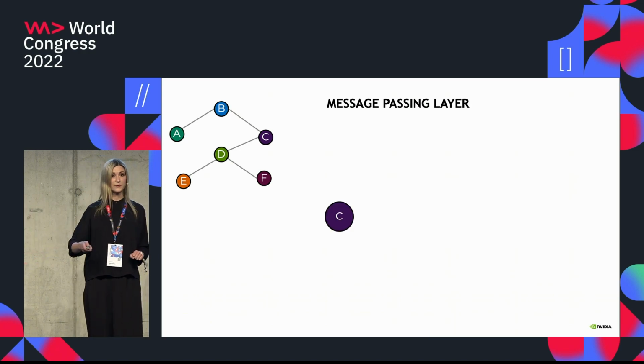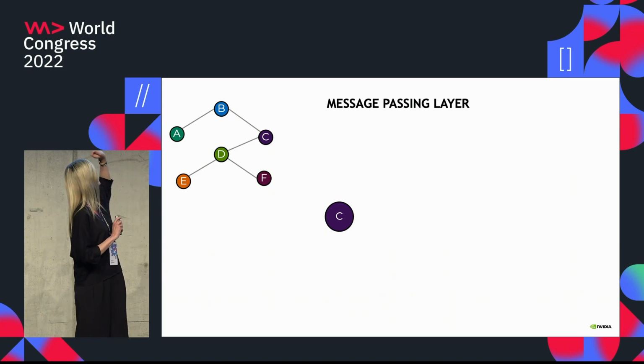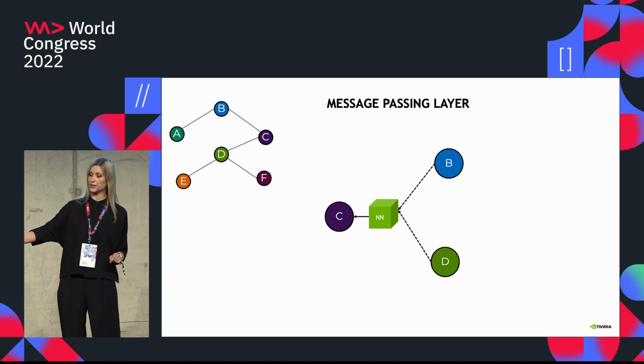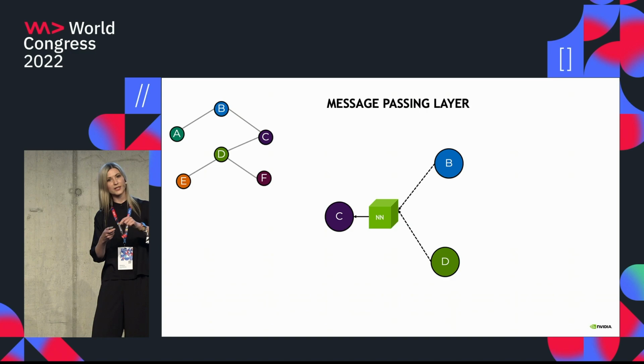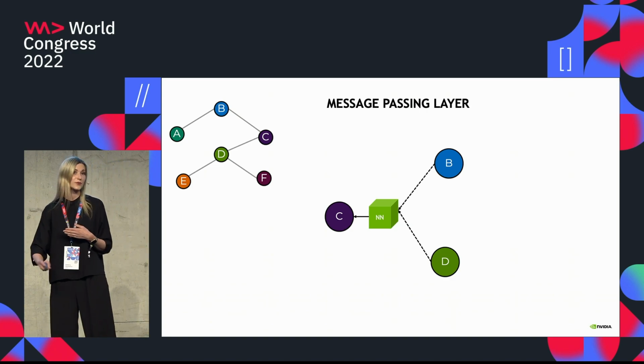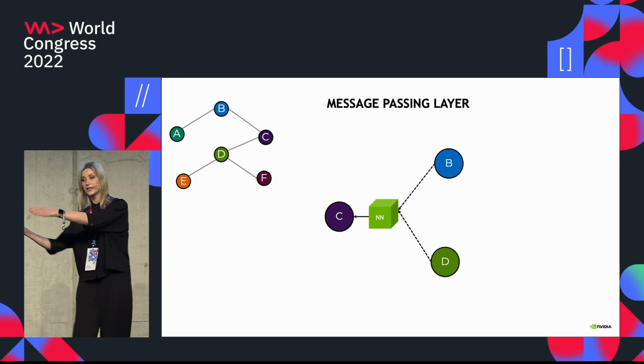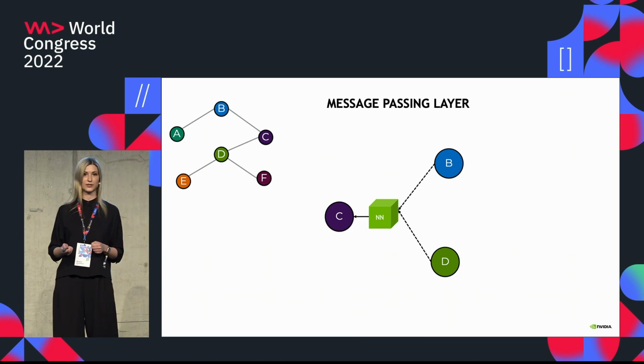We have our node C. What we do now is that we collect the information from the neighbors B and D. We aggregate this information and we transform it by some sort of a neural network or some unit, and we update the value of C by the values collected from its neighbors.